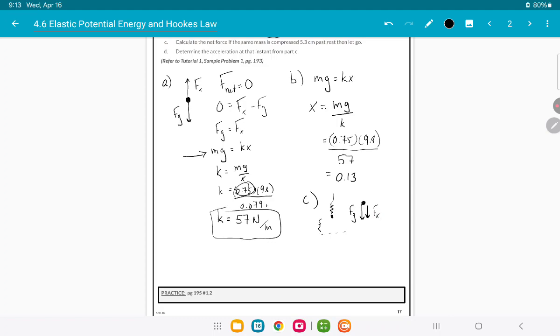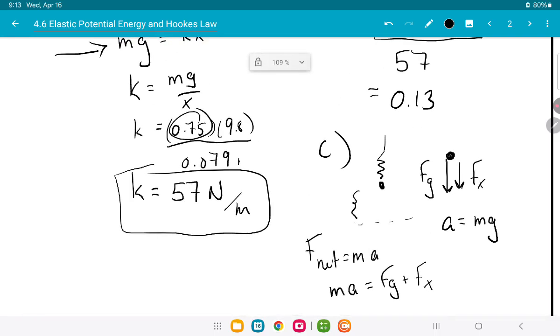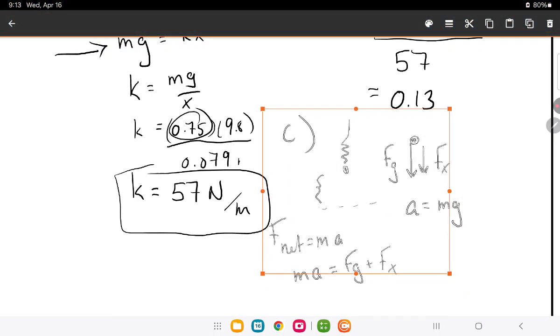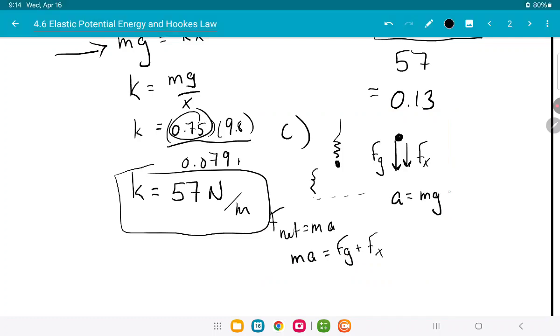And so we have F net equals ma now. It's an accelerating mass, so we have ma equals Fg plus Fx. Acceleration is equal to mass times gravity plus kx, all over m.